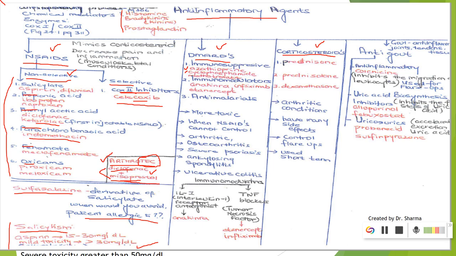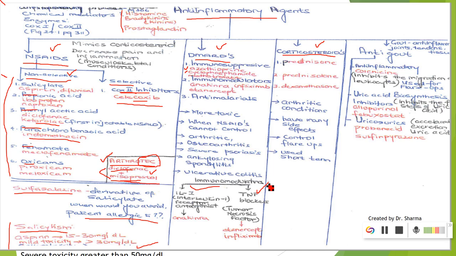Immunomodulators are further subcategorized into two categories: interleukin-1 and tumor necrosis factor. So these are the two subcategories under immunomodulators. Also know that these are given parenterally.